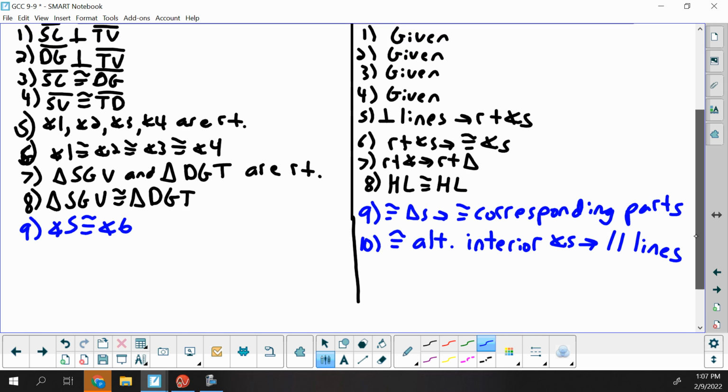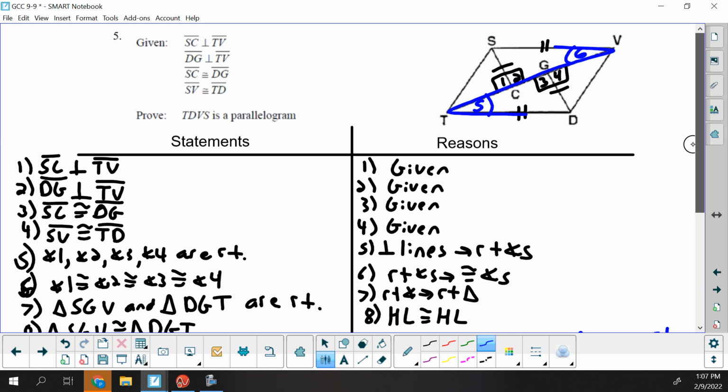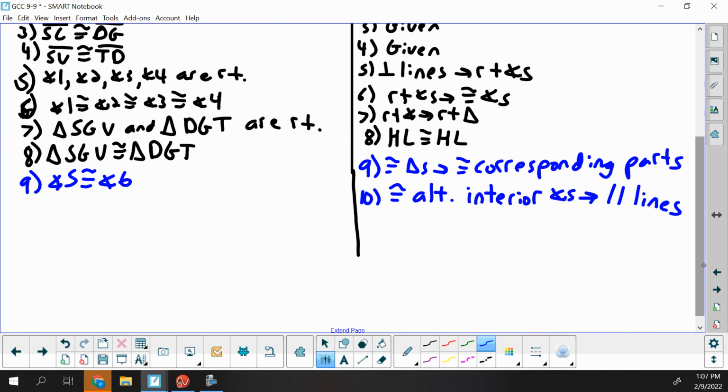The parallel lines are the two flat parts of our zigzag, so SV and TD, which we had already had congruent. We'll notice in 4 we have SV congruent to TD. In 10 we have SV parallel to TD. So we're ready to finish this off now.